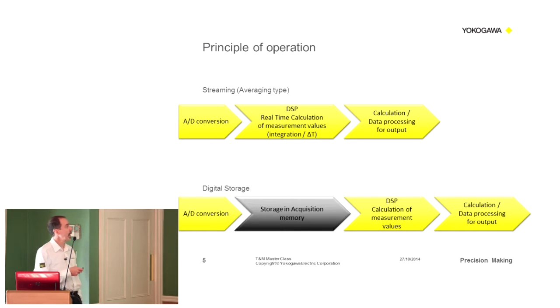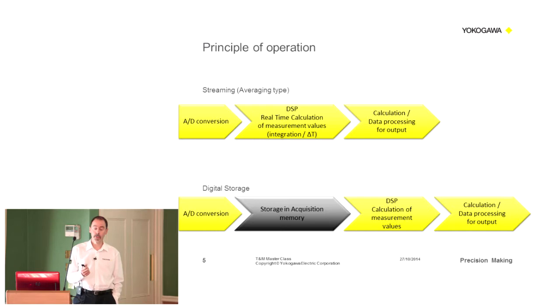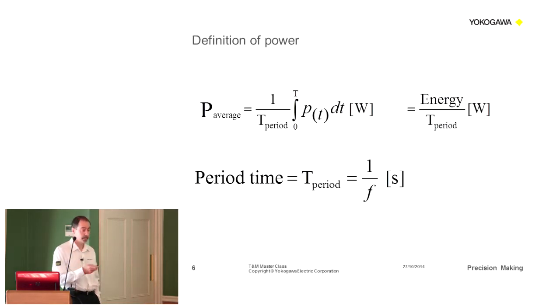That's where a streaming, power meter type wins, because it doesn't store the data. It's a continuous process, acting fast enough that you have no gaps. So that's one key difference between a power meter and an oscilloscope-type product: you don't have any gaps in analysis. It's doing its calculations as it goes.